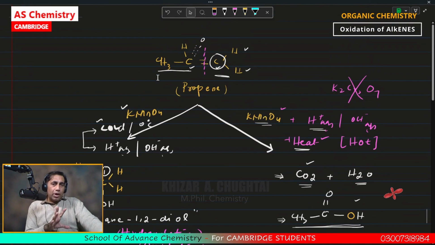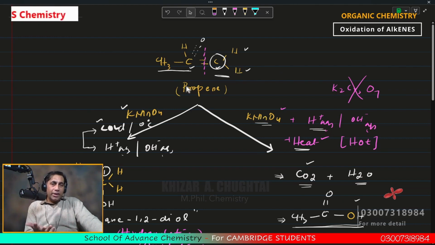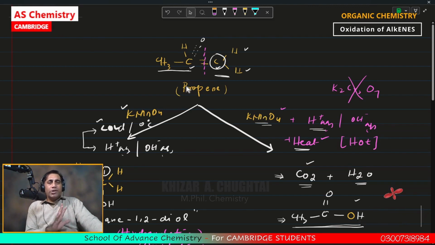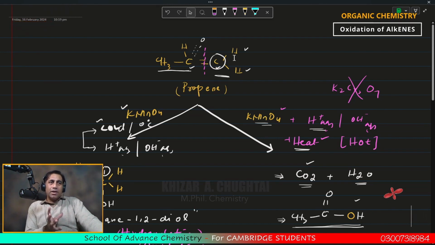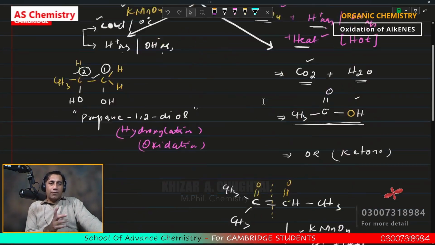If there are two or more than two carbon atoms lying on every side, you can change it either into carboxylic acid, or the second option, into ketone. There is no third option. But if the carbon count is equal to 1, it will always be changed into CO2. So that is the basic major points outline that you have to remember.